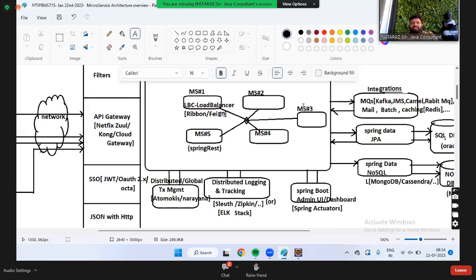Don't you think it's like single sign-on? API gateway provides multiple facilities. It provides a base URL, load balancer integration, and single sign-on can be applied. Are you getting my point, guys?